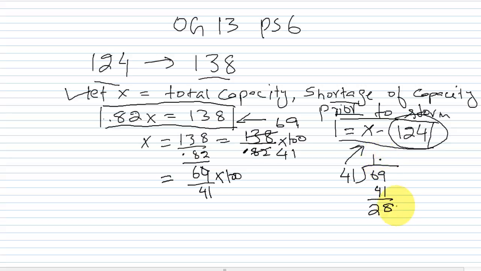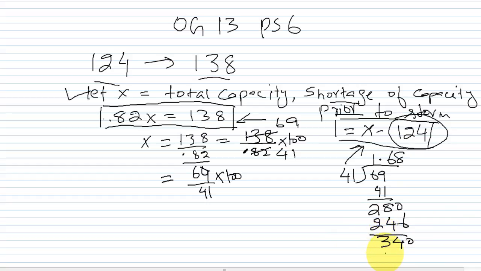We got a decimal here, and we have a 280. 41 by 6 is 246, and that equals 34, and I'll go ahead and add a 0 here. This is old-fashioned division.